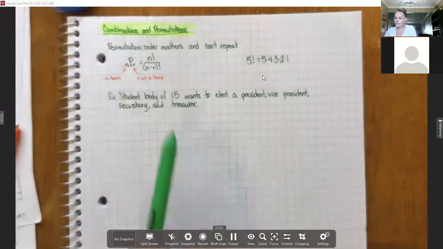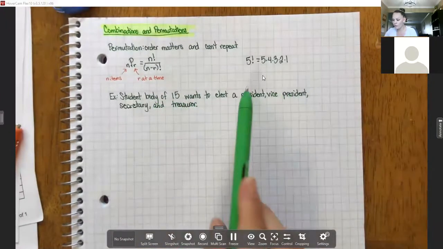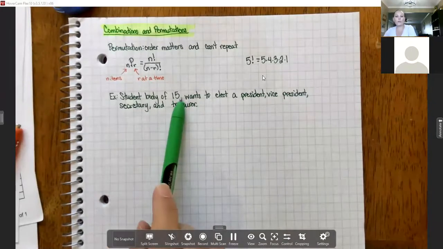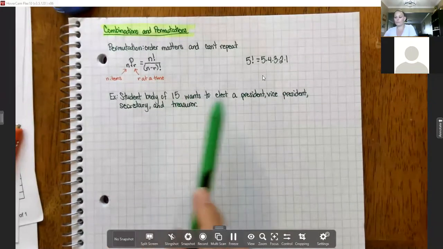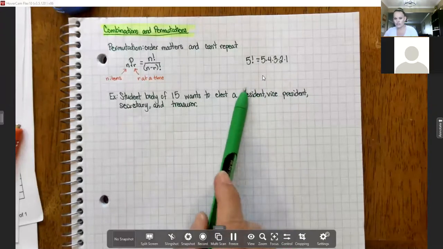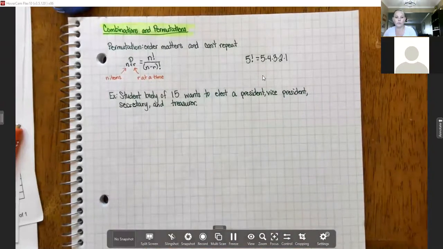So this example would be a permutation because we have 15 people and we're choosing a president, vice president, secretary, and treasurer. So we're picking 4 things, and order matters. For example, because if you pick the president first and then you can pick the vice president, and you can't be both. That's what it means by you can't repeat.